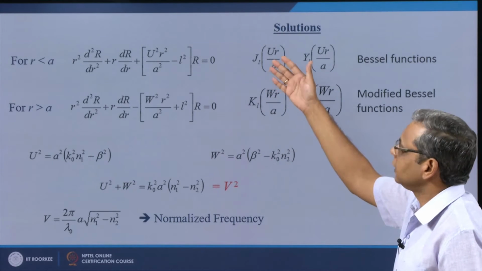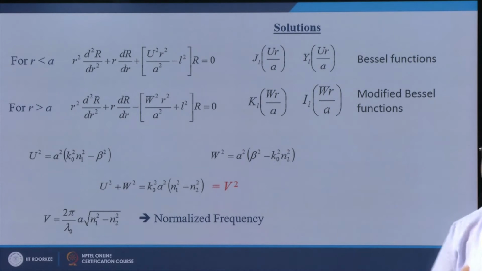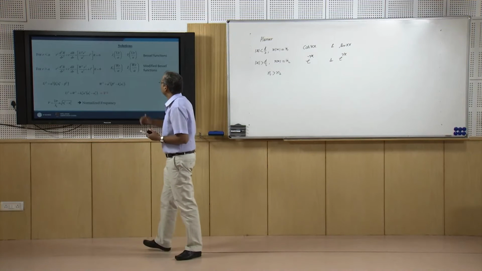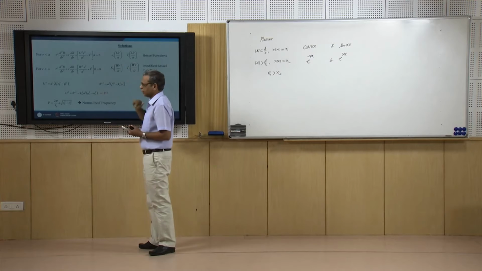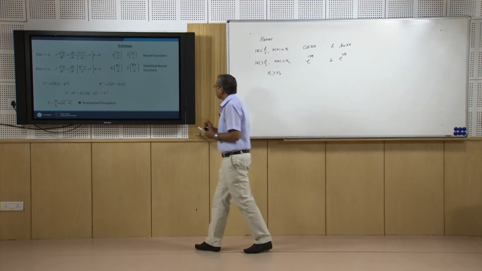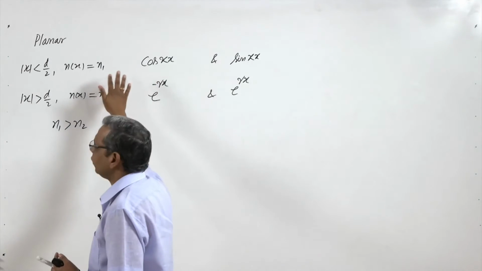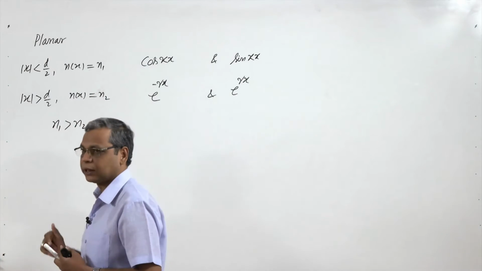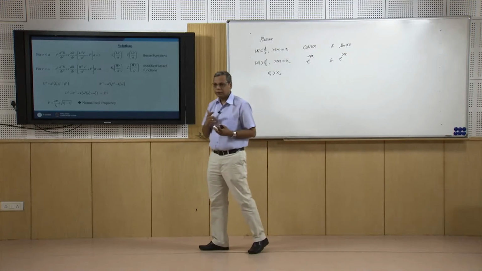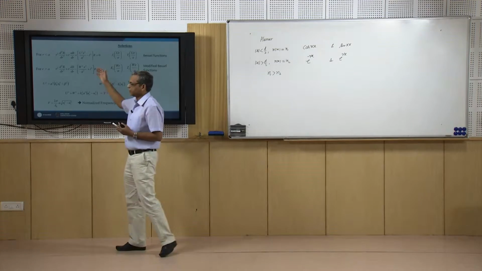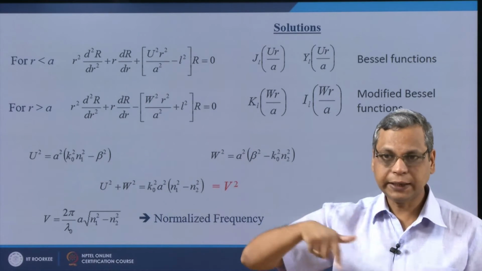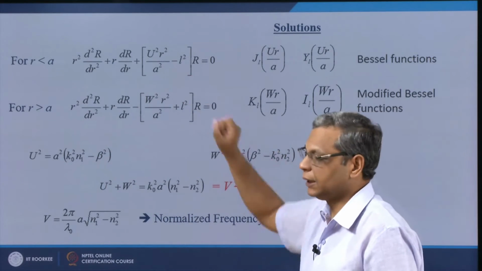So, these are a family of functions j_L, y_L, k_L, i_L. However, in planar waveguide I did not have this kind of situation because the confinement was only in one direction. Here the confinement is also in phi direction. So, from there this L is coming.